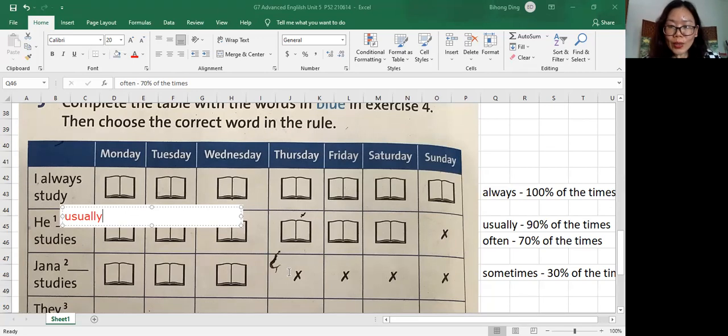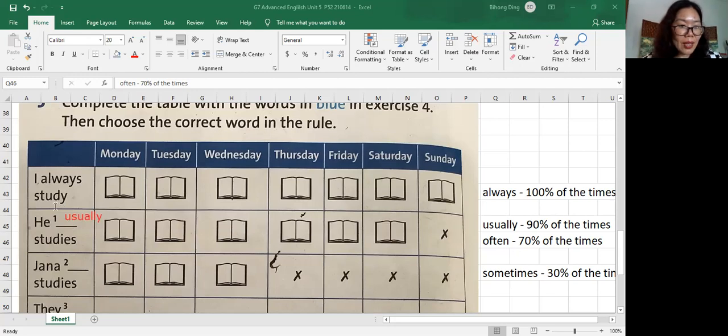So this is usually, but often is 70%. If this boy studies from, let's say, Monday to Friday, then we can say he often studies.